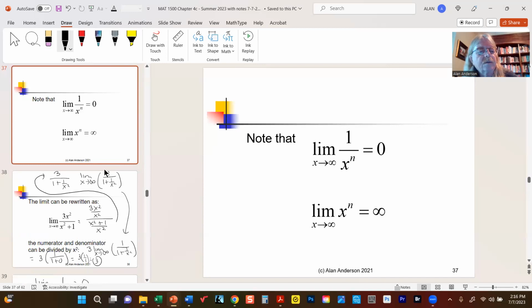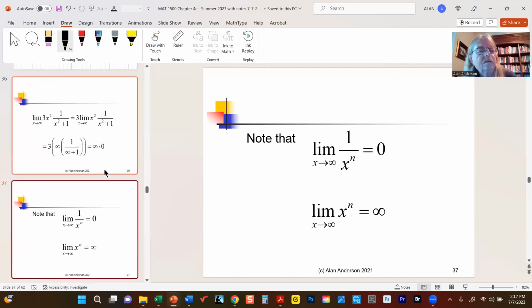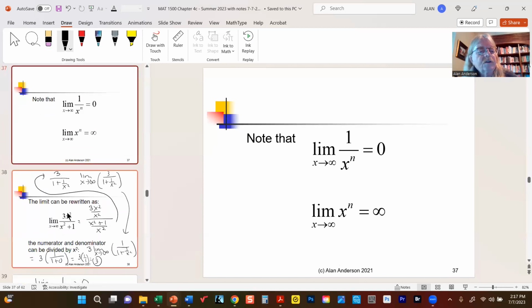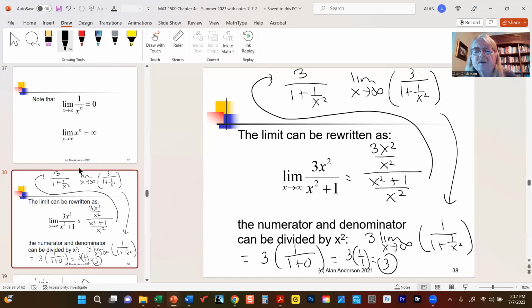So here's what we're going to do. The original function is 3x squared over x squared plus 1. We're going to divide the numerator and the denominator by x squared, the highest exponent in the entire expression. And we end up with the limit now of 3 over 1 plus 1 over x squared.